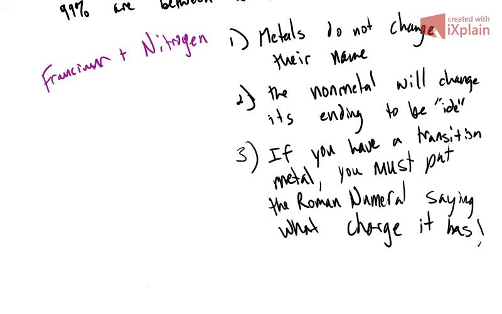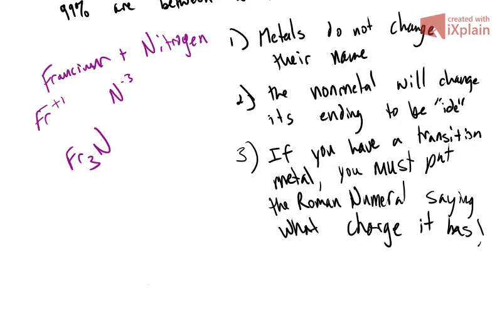So, francium, it is in the first group, so it is going to form francium plus 1, and nitrogen is in the, I believe, 15th group, and so it is going to make N minus 3. Okay, so I'm going to need 3 of my franciums, so Fr3N, and the name, the metal doesn't change.